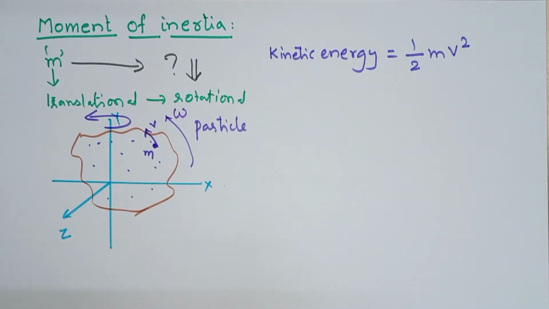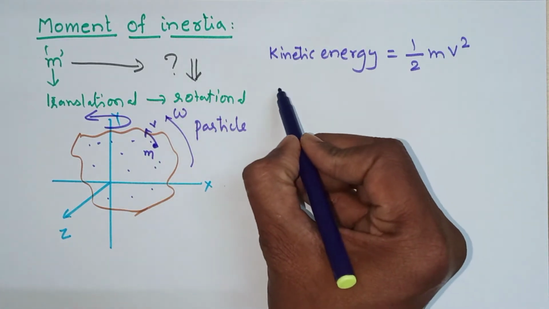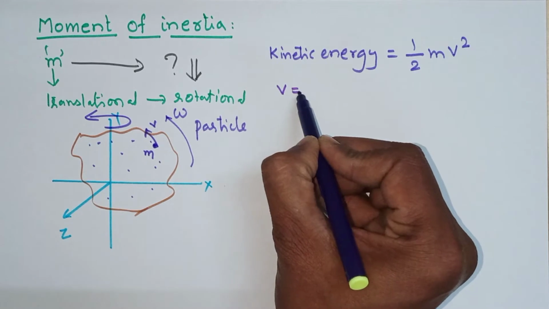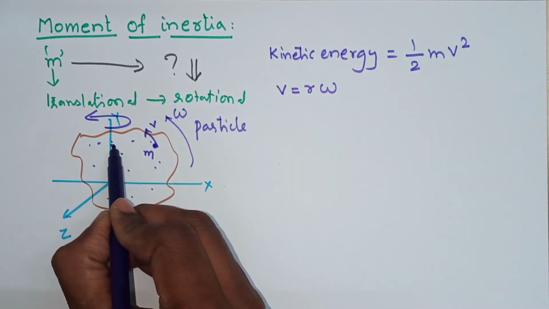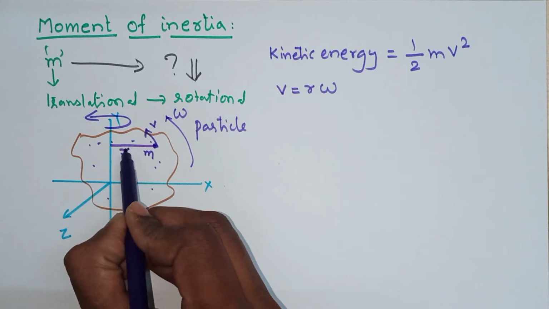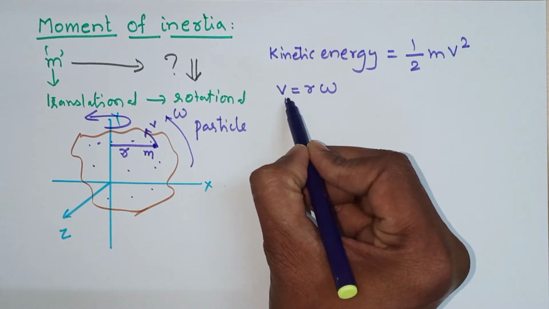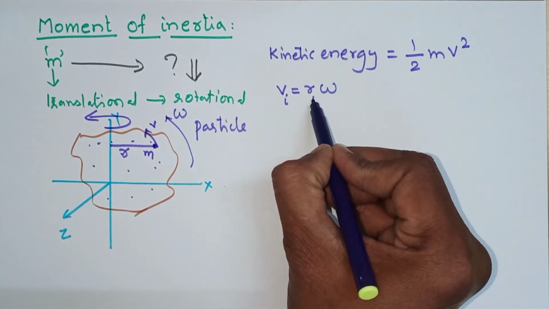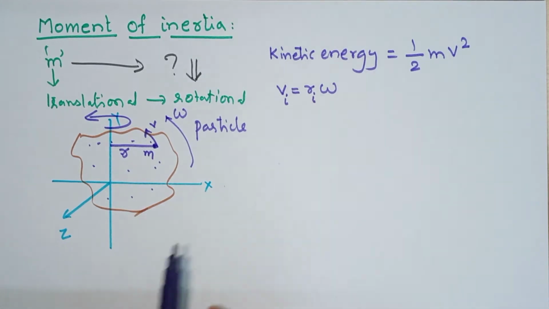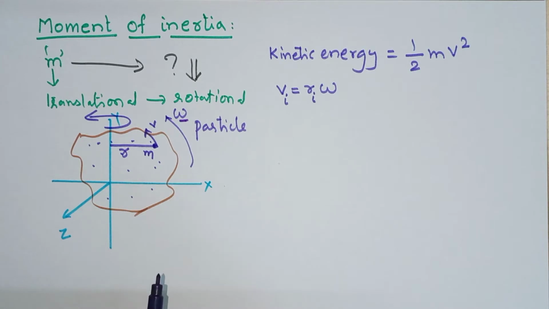If you choose the ith particle, you know that v is equal to r omega. What is r? r is the perpendicular distance from the axis. For the ith particle, the velocity is v i equals r i omega, and r i is the distance. Omega is fixed for all the particles. You should not write omega 1, omega 2 like that.